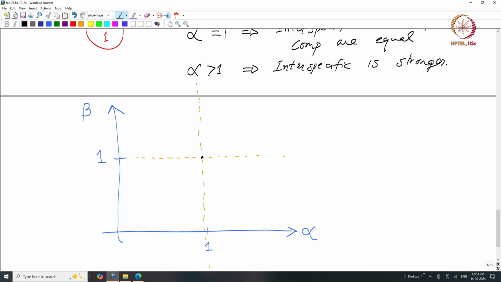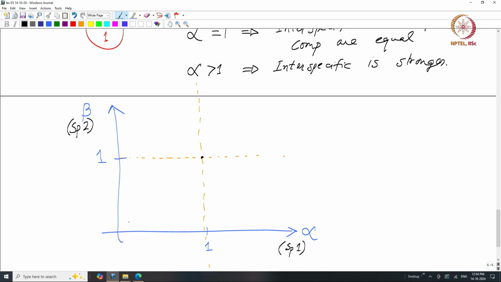Remember that alpha captures the inter-specific competition effect of 2 on 1, so this measures the effect on species 1, whereas beta measures the effect of competition on species 2.